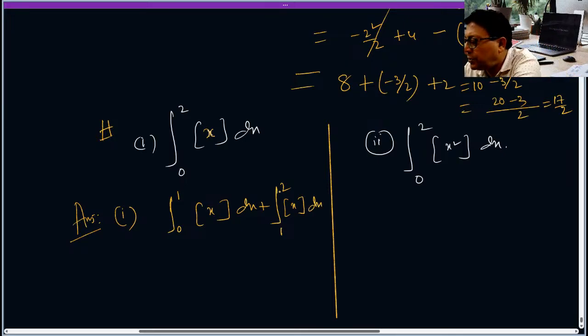You just write the value and simplify it. 0 to 1 modulo x, what's the value? 0. 1 to 2 it is 1. Isn't it?